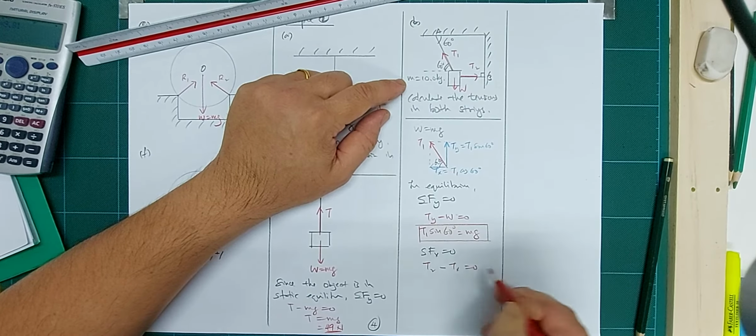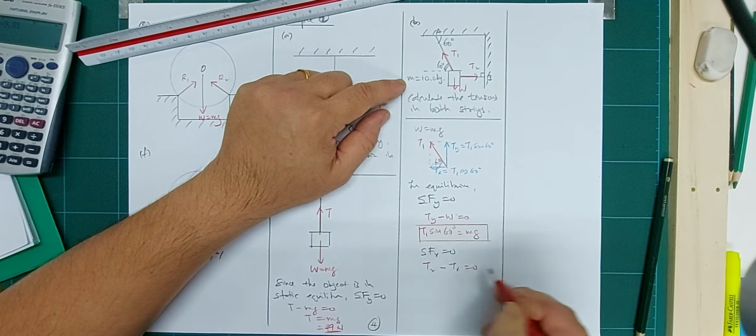Now you see so far we only involve the total force is equal to 0, right? The next one we're going to involve a little bit on torque, or the moment here.